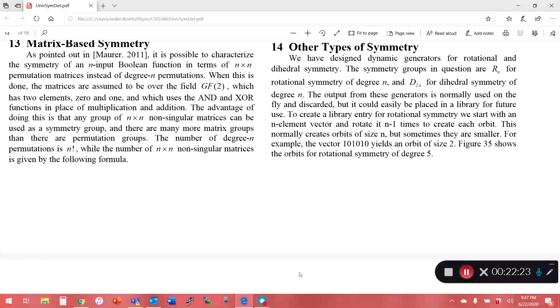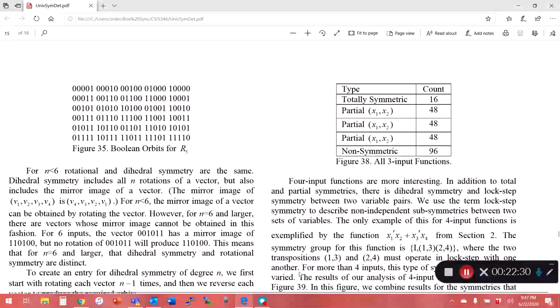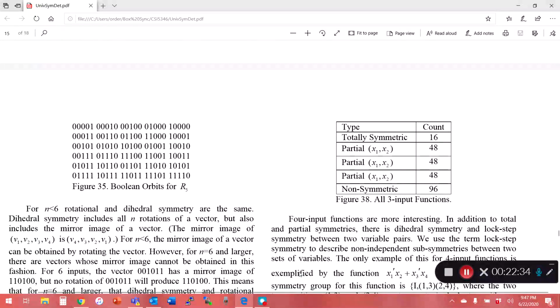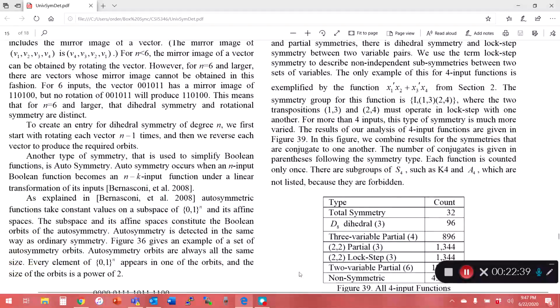And so we have libraries for partial symmetry up through 8 inputs. And we have rotational dihedral symmetry.